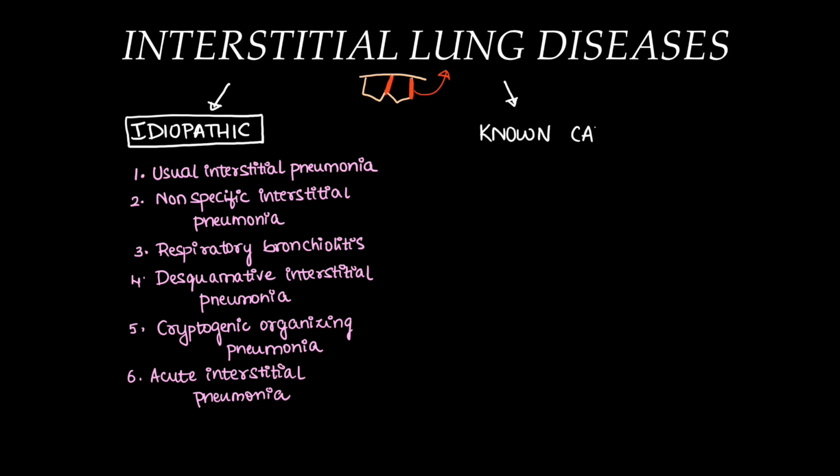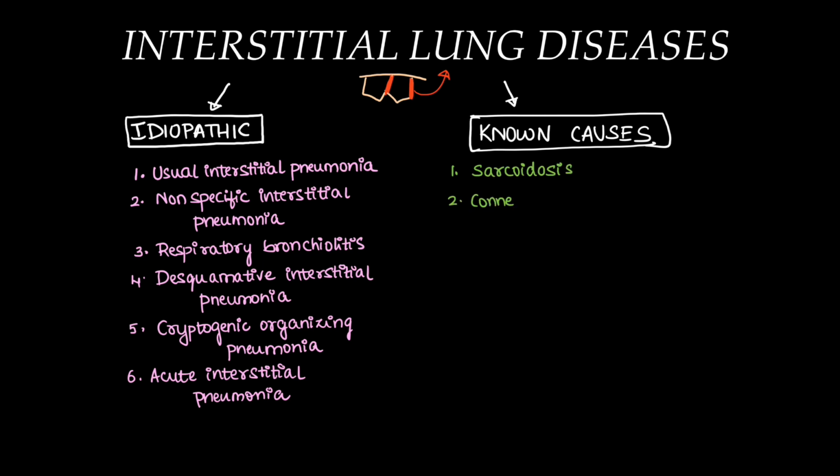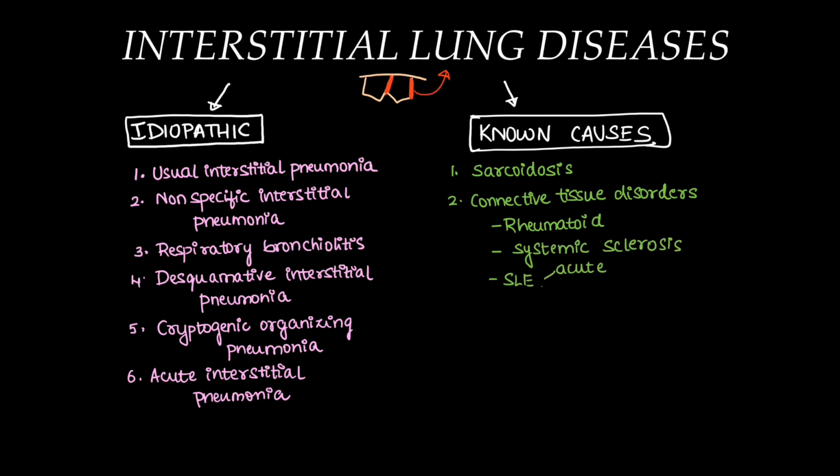There are interstitial lung diseases with known causes also. First is sarcoidosis affecting the interstitium. Next are the connective tissue disorders like rheumatoid arthritis, systemic sclerosis, systemic lupus erythematosus in acute and chronic form, and hypersensitivity pneumonitis.